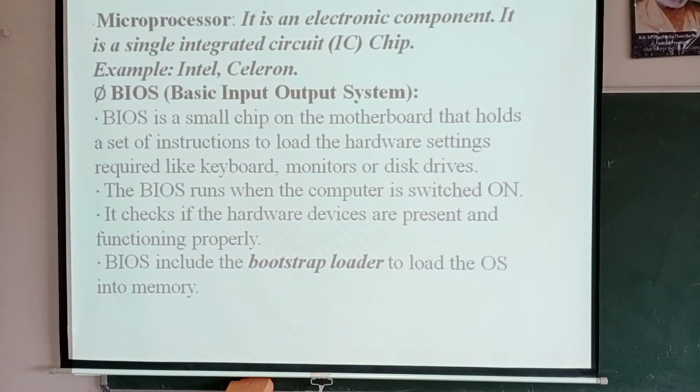It is a single integrated circuit. Another name for microprocessor is IC, which stands for integrated circuit, because a lot of circuits have been embedded or integrated in a particular processor. So we call it an IC chip.